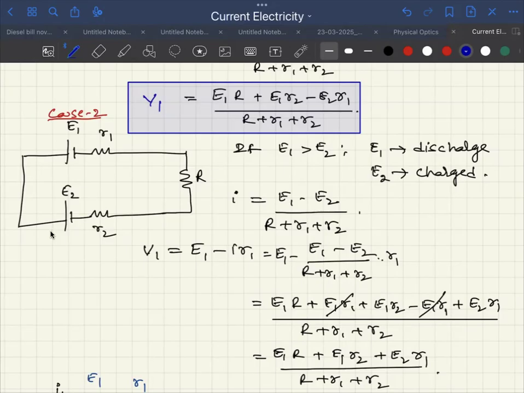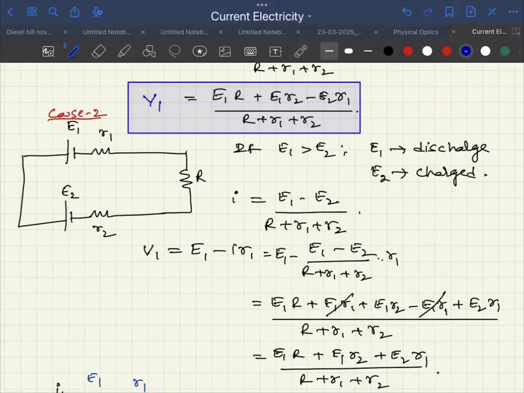What is the difference that you have noticed from case 1 versus case 2? Terminals are on the same side, which means they are not in order. But they are all in series only.